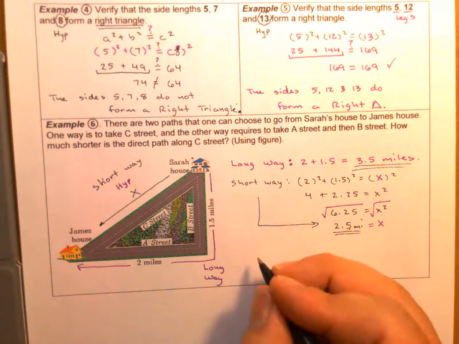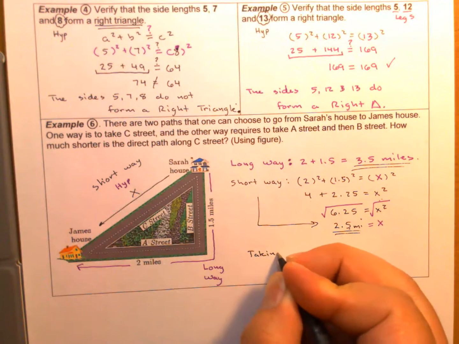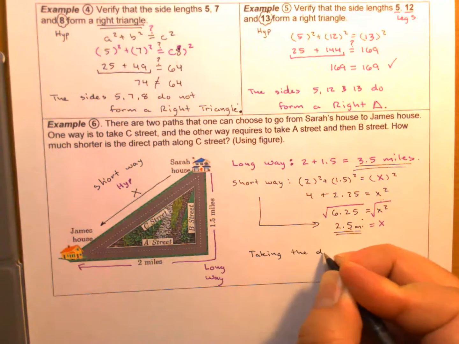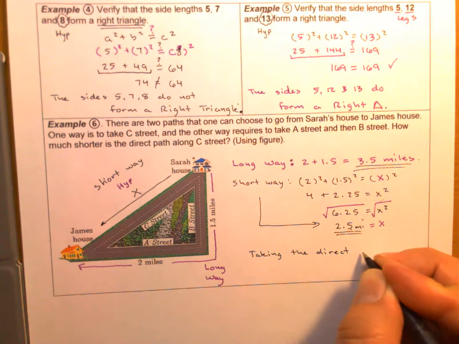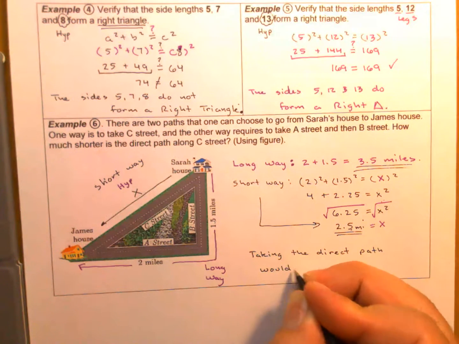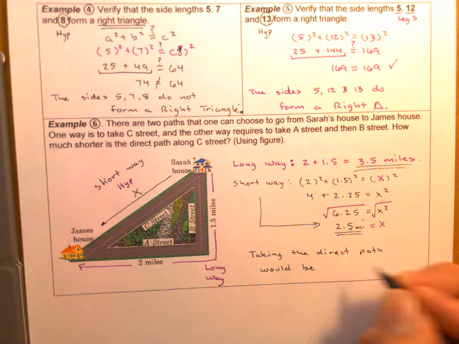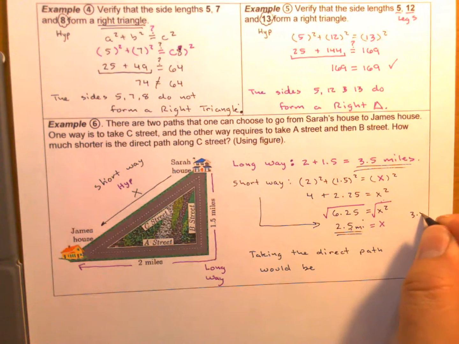So taking the direct path would be, and then look, this is where you have to do the calculation. You go 3.5 and you just subtract 2.5.